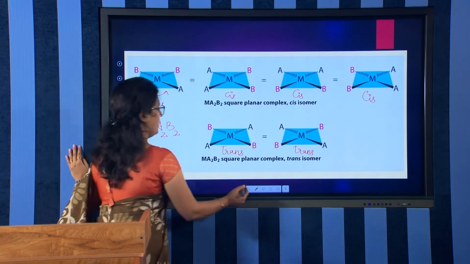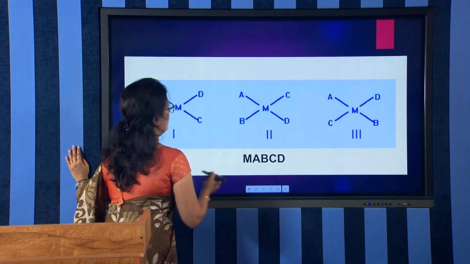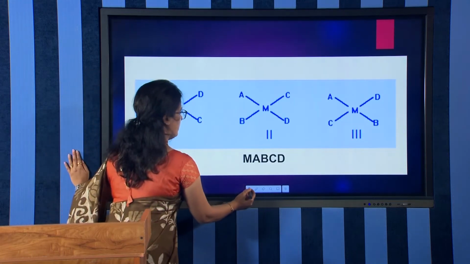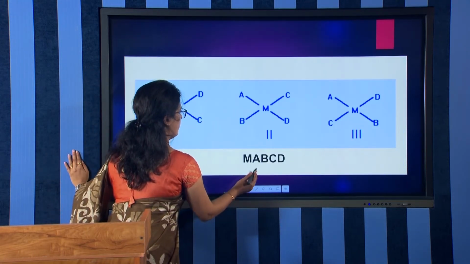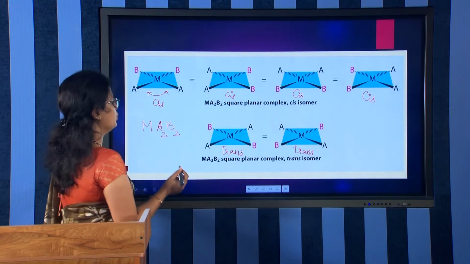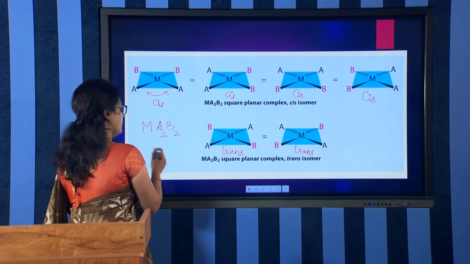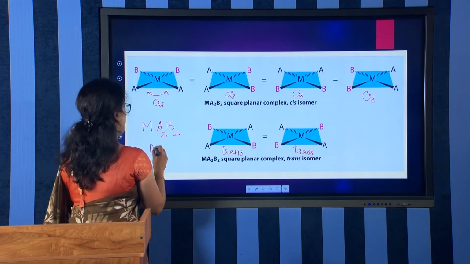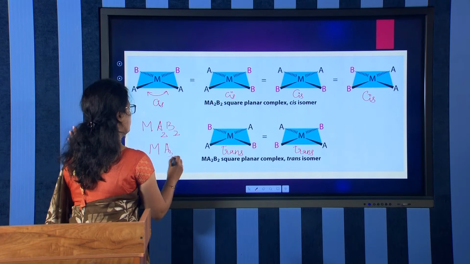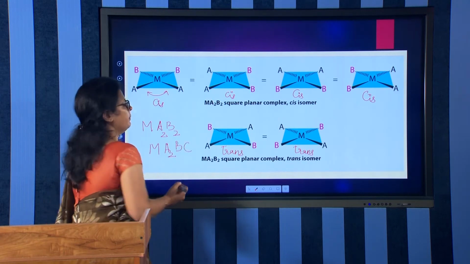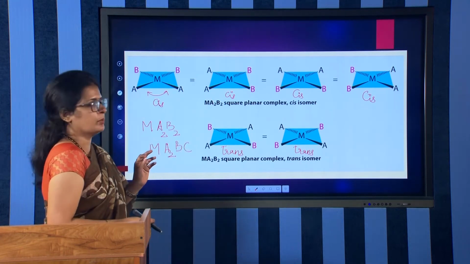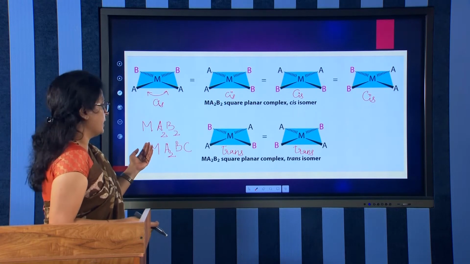Okay. And likewise MA2B2, the same situation is with MA2BC. It will also be showing geometrical isomerism. How will it show the geometrical isomerism?